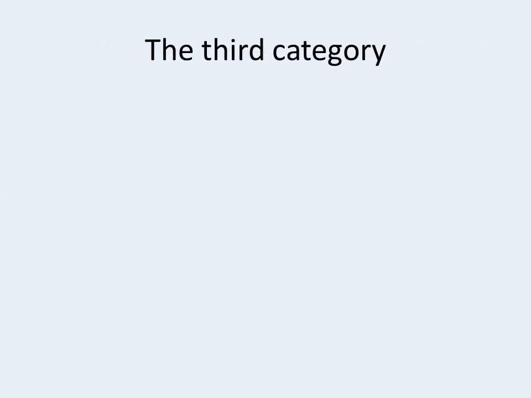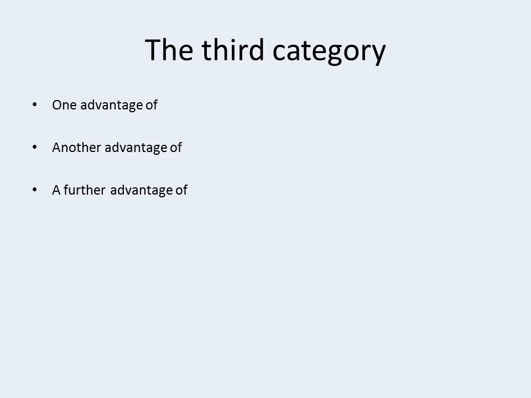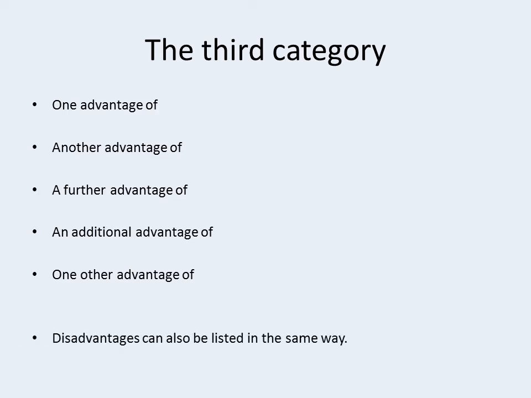The third category is when we use one advantage of, another advantage of, a further advantage of, an additional advantage of, one other advantage of. Here we have two points you should notice.